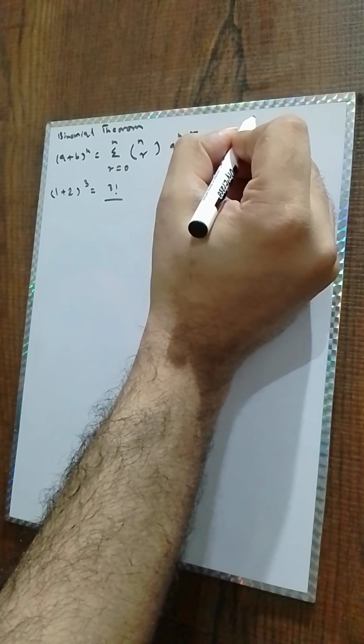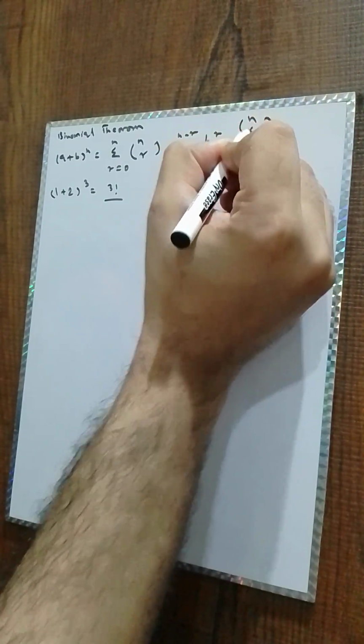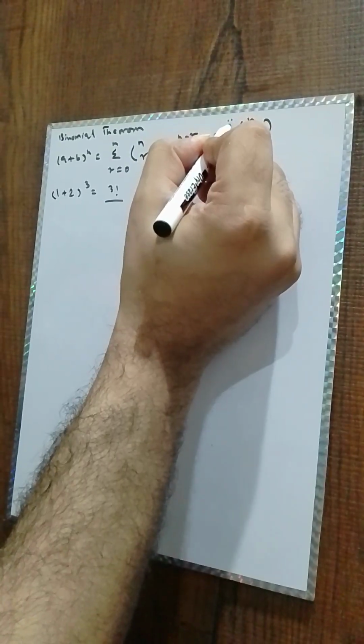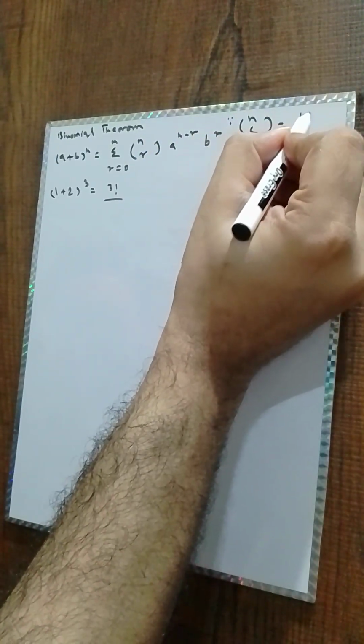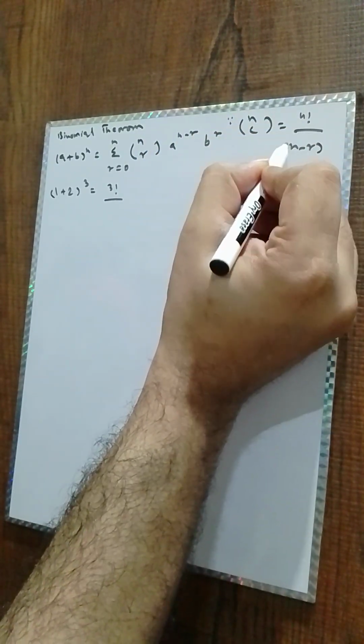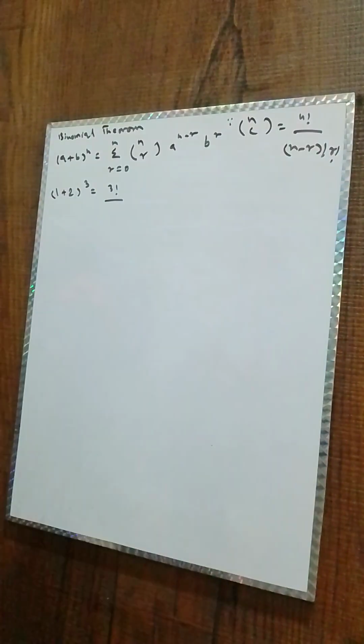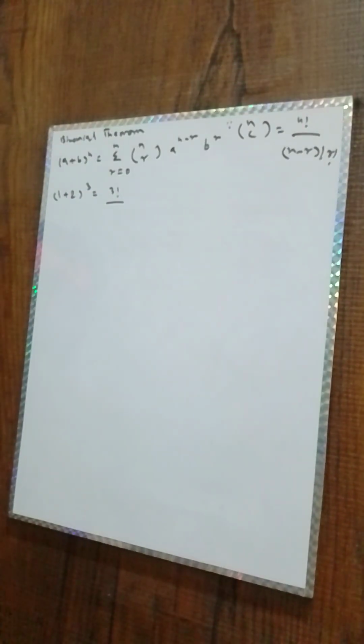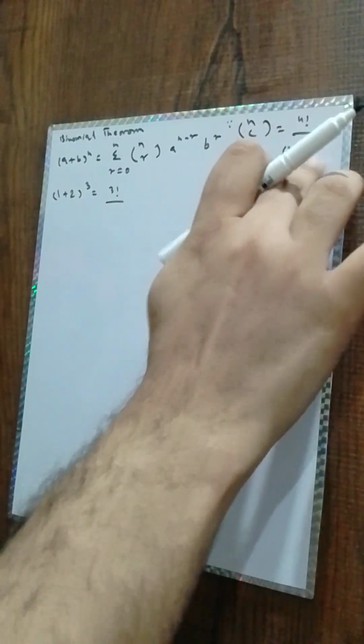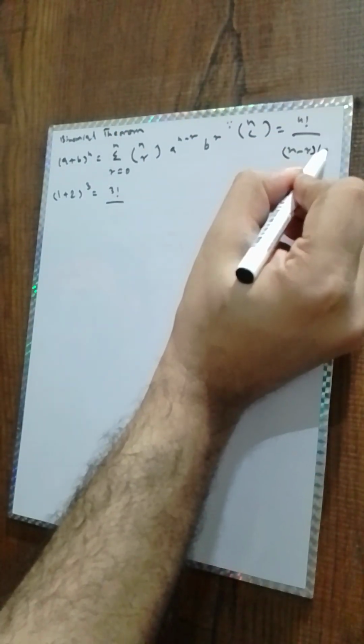So basically in rough work, n combination r is equal to n factorial by r factorial, n minus r factorial. Yes, this is important to write here.